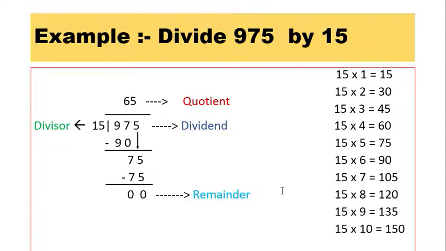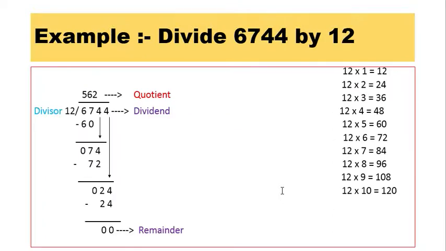Is it clear? Another example of a division sum. Divide 6744 by 12. Again write the 12's table in your copy. From the right hand side, make a rough column and then you can learn the table of 12. We take 6.